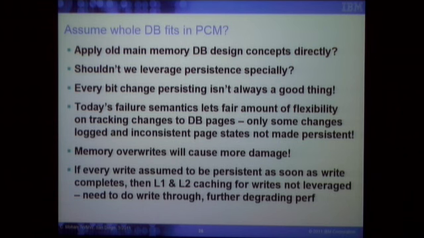And also in this context, should you take an existing in-memory DBMS that was designed for a volatile memory environment and tinker with it to make it leverage persistent memory, or should you start from scratch and build some brand new code with new ideas to leverage persistent memory from the ground up?